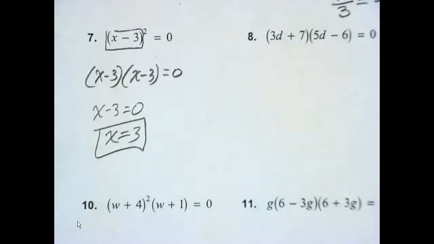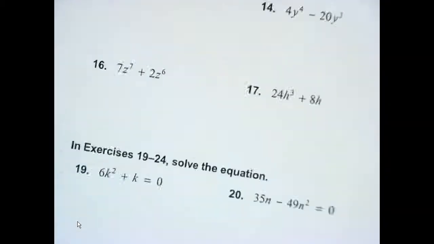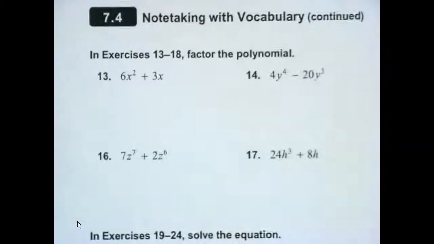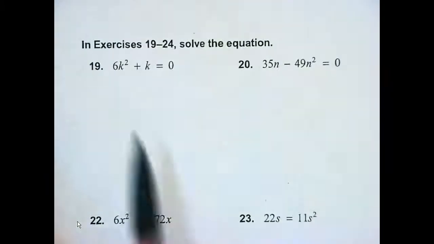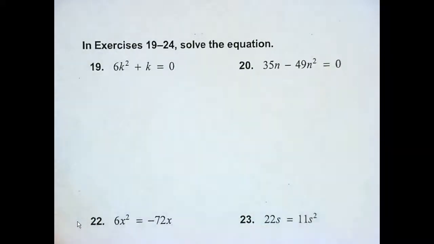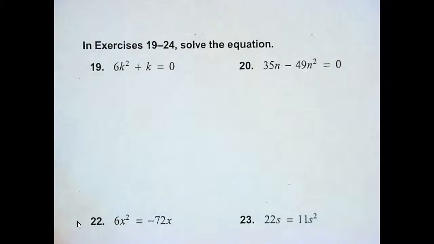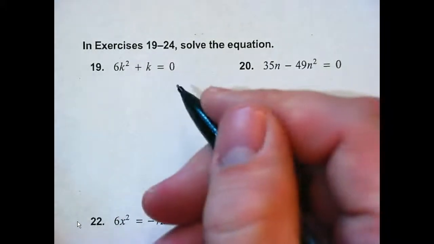Hey, it's pretty easy when they're set up like that, right? I want you to move on to the next page, page 223. This part says factor. Notice that if you look one step ahead, the next set of problems, they're not in this format. In other words, they don't have parentheses.